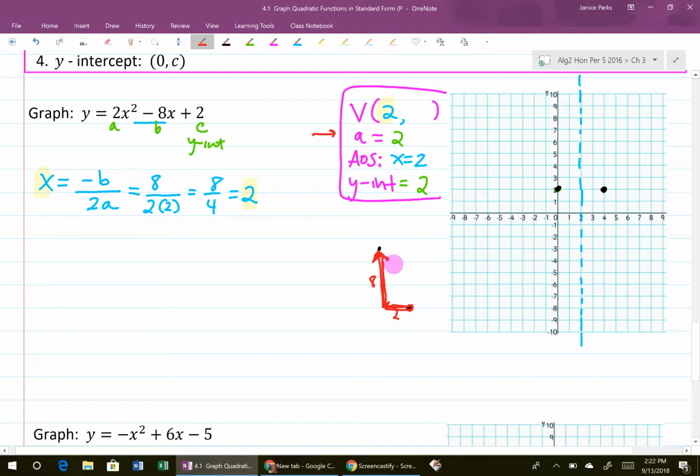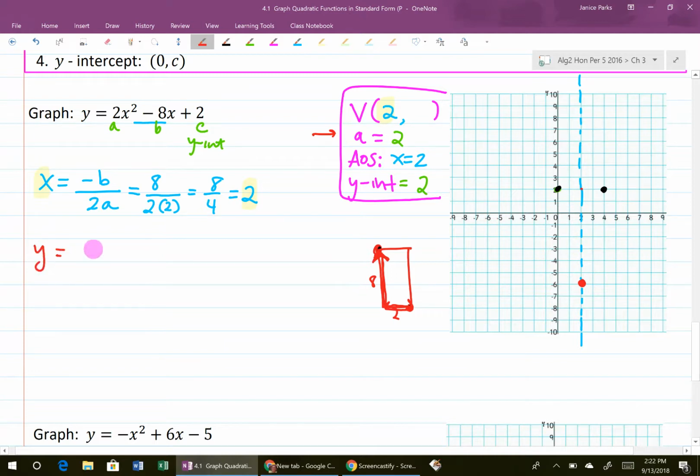So if I wanted to go back down from the y-intercept to the vertex, I could go over 2 and down 8. 1, 2, 3, 4, 5, 6, 7, 8. And that would give you your vertex.